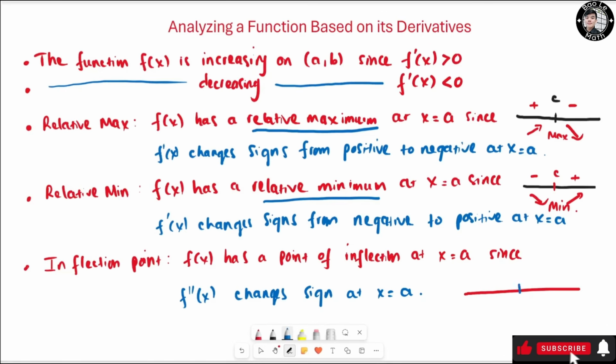Suppose this one is a. It's going to be negative and positive right here. So f double prime is negative and f double prime is positive right here. The function is concave down and then concave up like this, so the point of inflection is right here. Or if you see something like this, the function is concave up, then concave down like this. Then the point of inflection is right here.